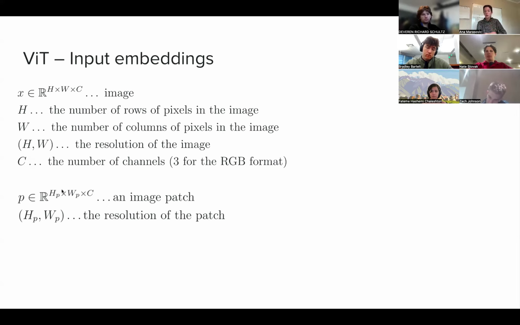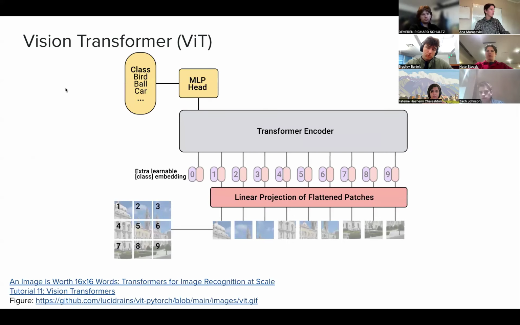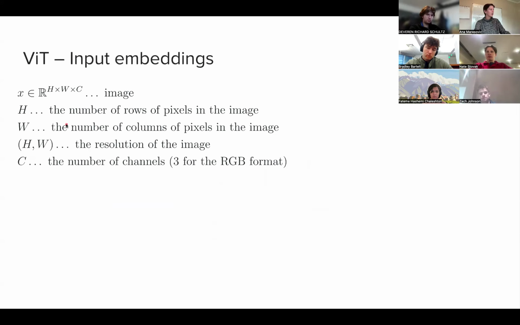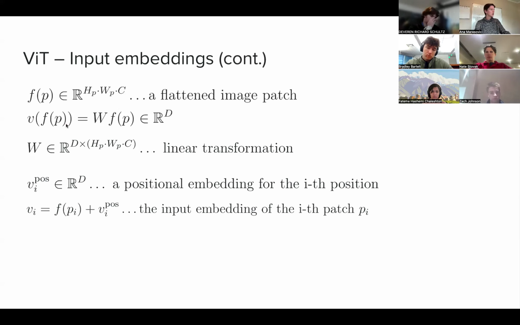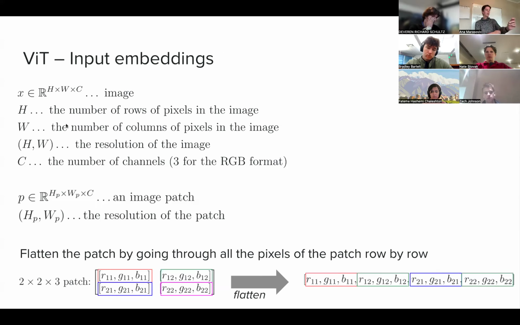Each patch was smaller, so HP and WP are smaller than the original H and W, right? I'm trying to think what are the common numbers. I don't want to make something up, but you will see, I believe, in literature that these will be 14 by 14 by 3 tensors.